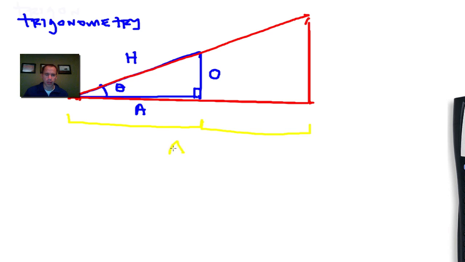So I'll call this A2. And side O is also about twice as long. Right? So what this means is if I come back to this original triangle and I say O divided by A, because I've doubled the length of both sides, that's equal to O2 divided by A2. The proportions of these sides stay the same, even though the side lengths have changed.